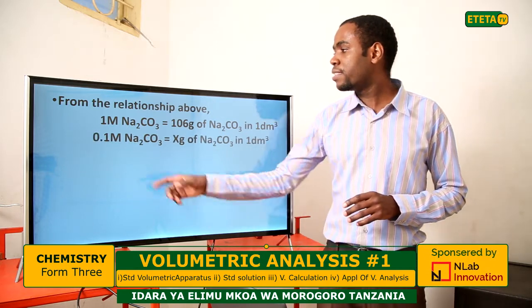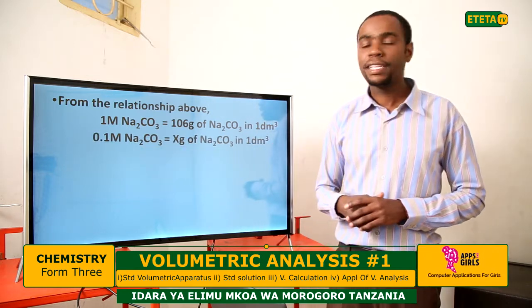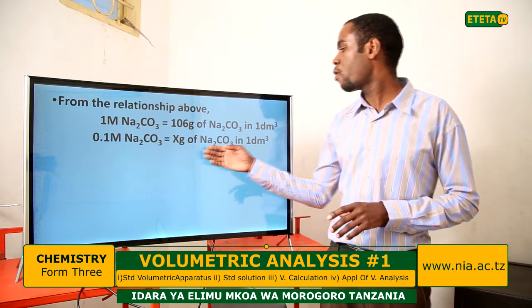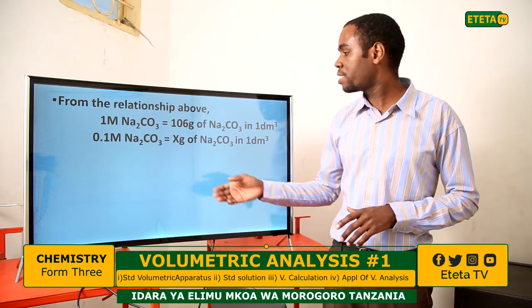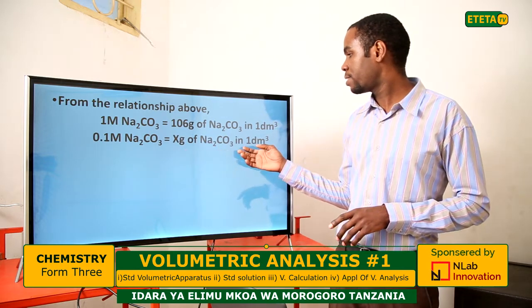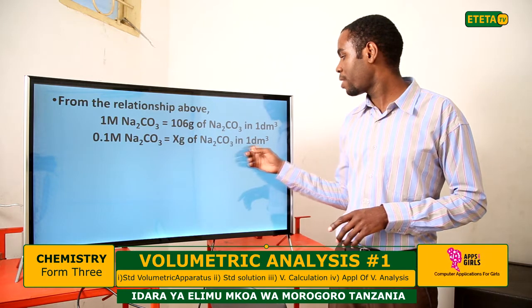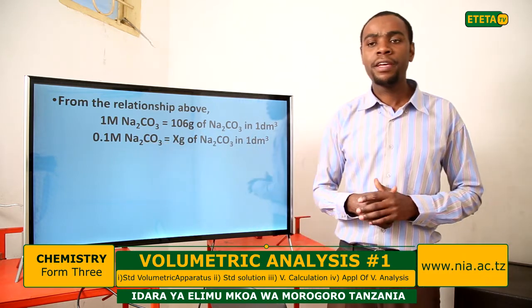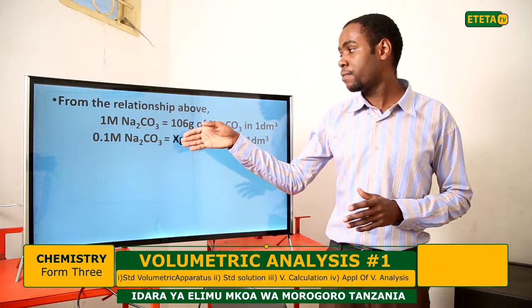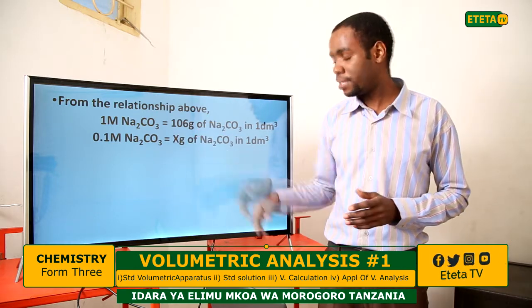Now, 0.1 molarity of sodium carbonate is equal to how many grams of sodium carbonate in 1 decimeter cube? To calculate the mass of sodium carbonate dissolved in 1 decimeter cube to make 0.1 molarity, we use cross multiplication.